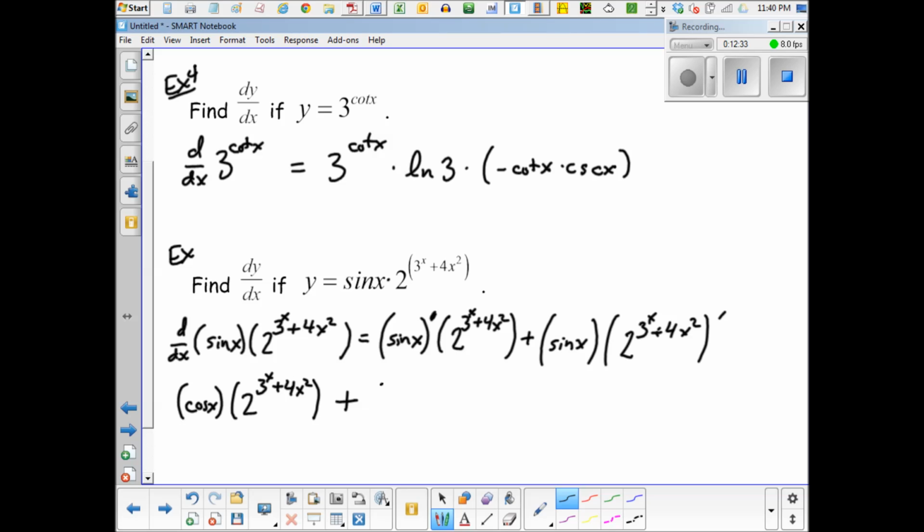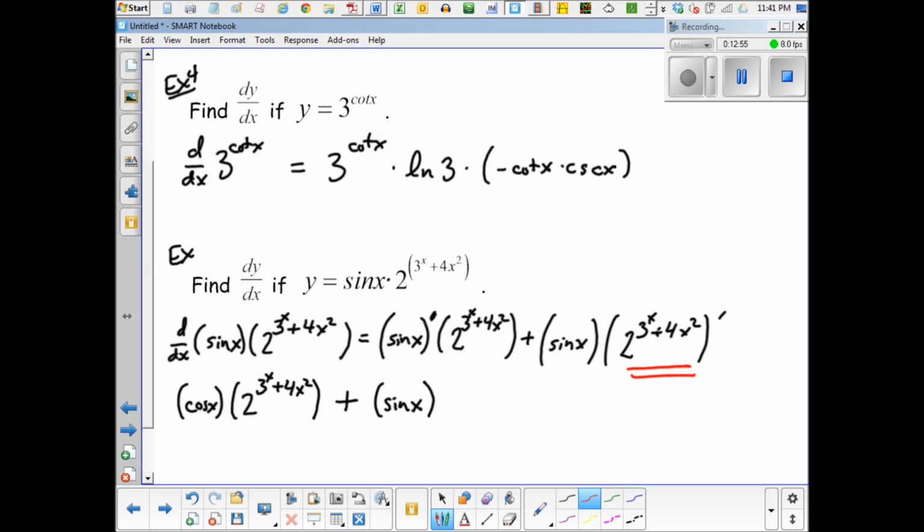Okay, secondly, we have a sine, and now the derivative of this part. Obviously this is the tricky thing to work on, so the first thing we notice is that it is 2 to the something. The derivative for that is just going to be 2 to the something.